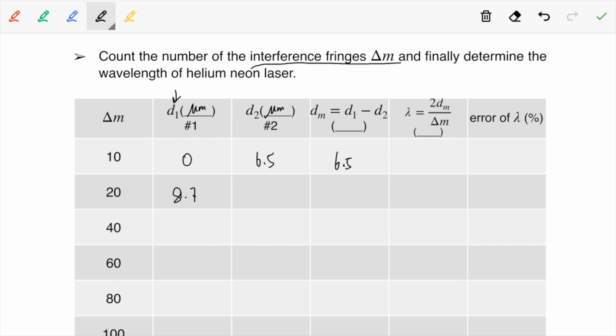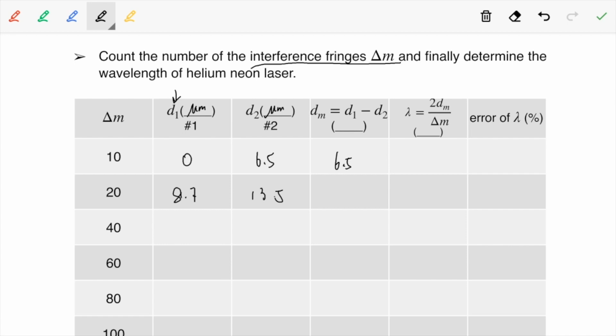Then you count 20 fringes and record another D2, for example 13.5. So you can start from any place you want.